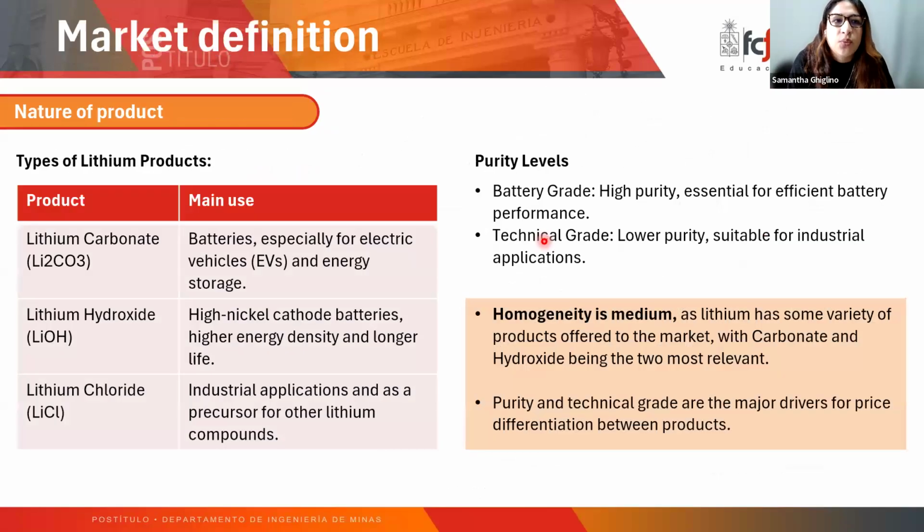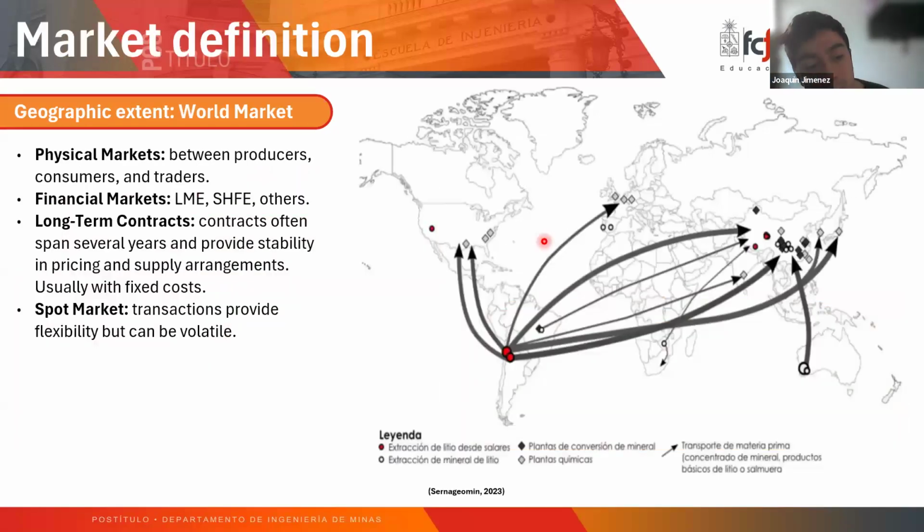Okay, so let me say something there, please. In the case of China, for example, China is the main consumer of lithium in the world. They trade by physical market principally, with long-term contracts.